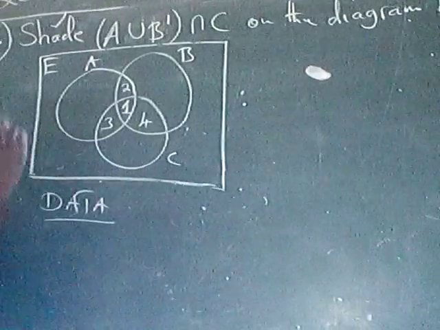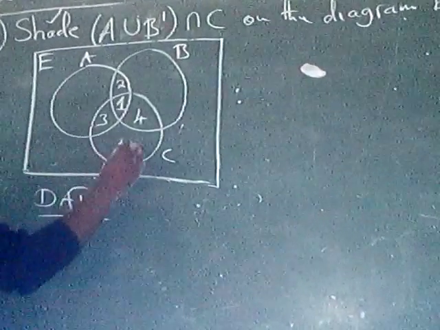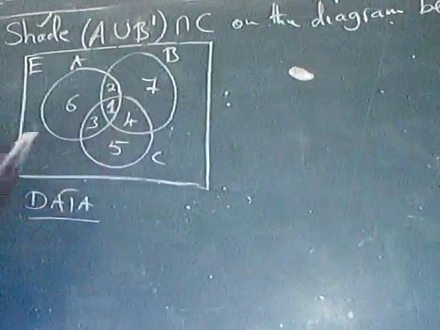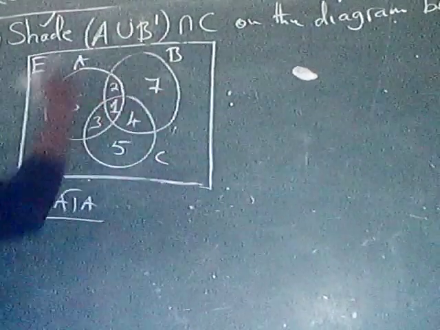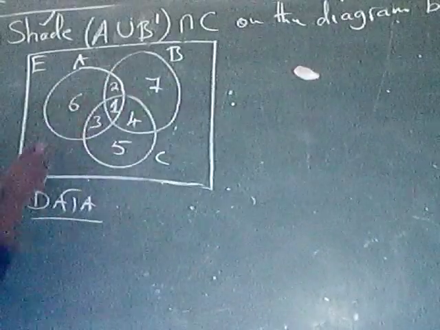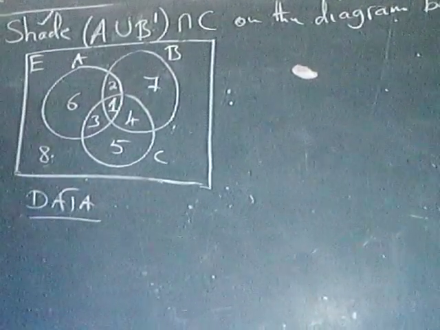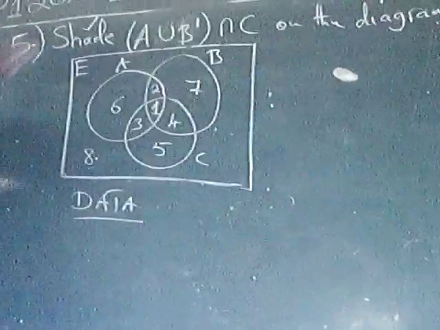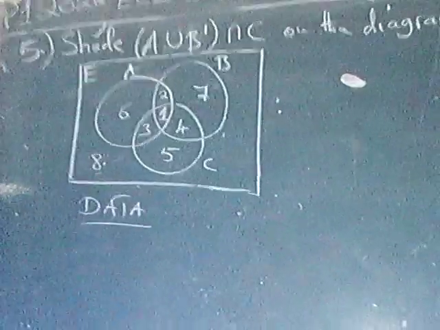You can also put here a 5, here a 6, here a 7, and lastly, the region outside the three sets, we can say that's number 8. This will help you to see which region we are supposed to share. So then we go by pairs.